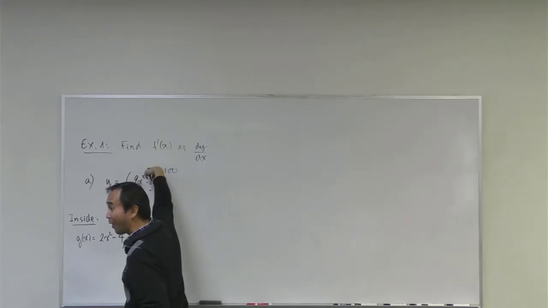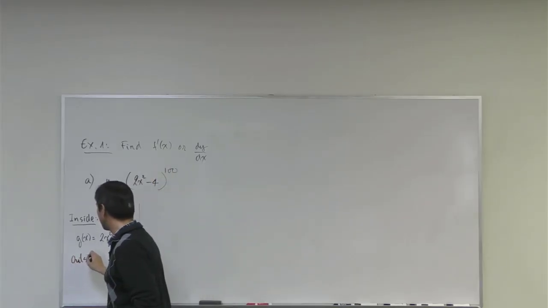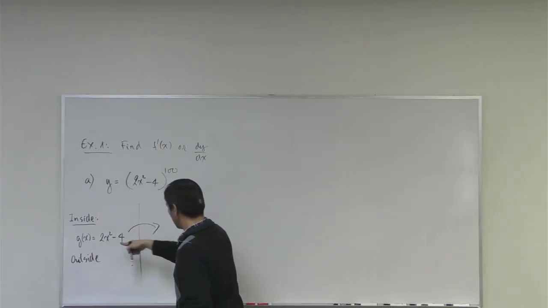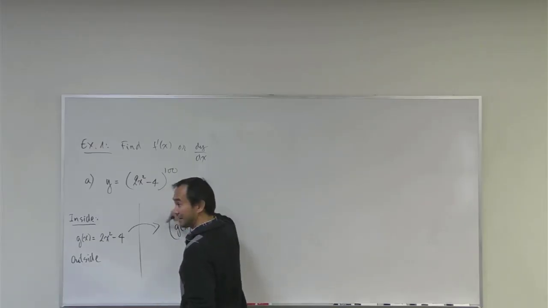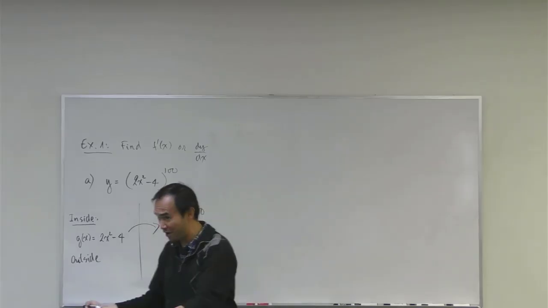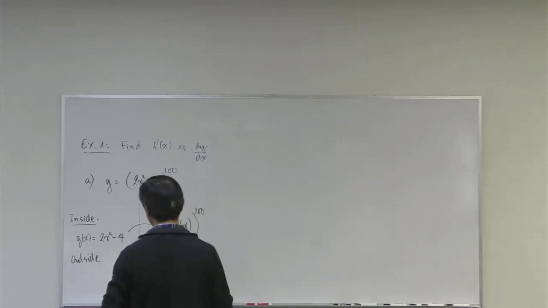That's being applied to that 2x² − 4. So quickly, as some scratch work, our expression becomes g(x), representing the whole 2x² − 4, being raised to the 100 power. The 100 power is where I see the outside, because it's another operation, a raising-to-the-100-power operation. We recognize that as the outside function.